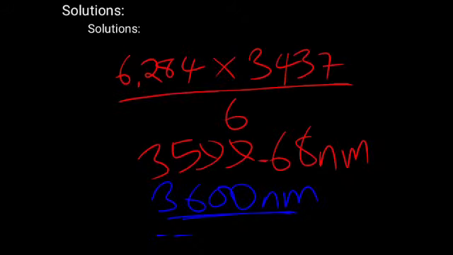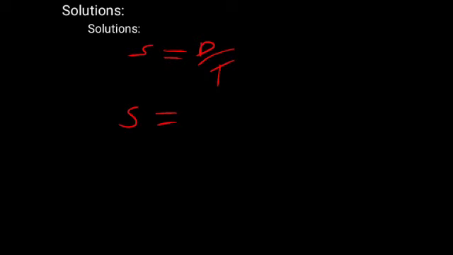So we're going to say speed is equal to distance over time. Now we'll say speed is equal to the distance we've discovered from A to B, which is 3,600 nautical miles. So we're going to say 3,600 over the time given.